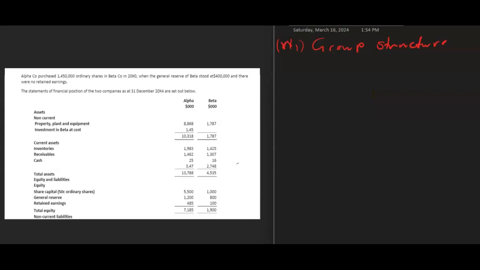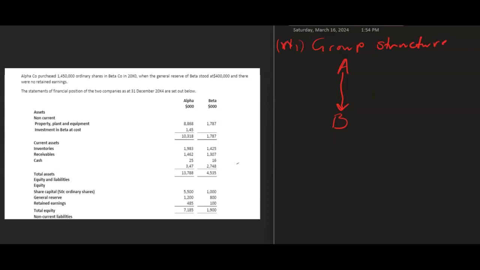We're going to denote Alpha by A, then Beta by B.